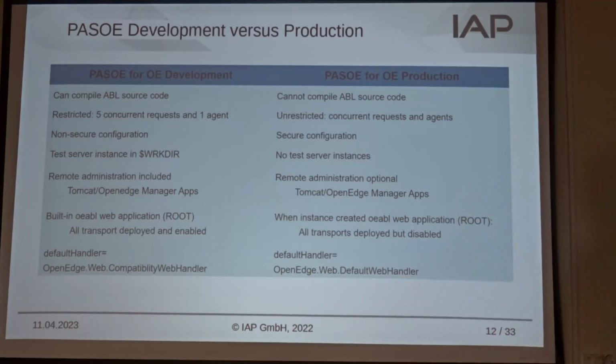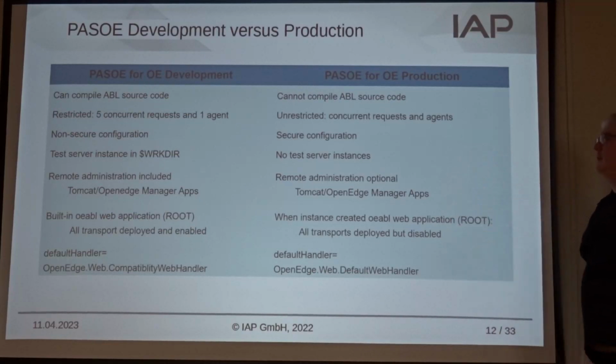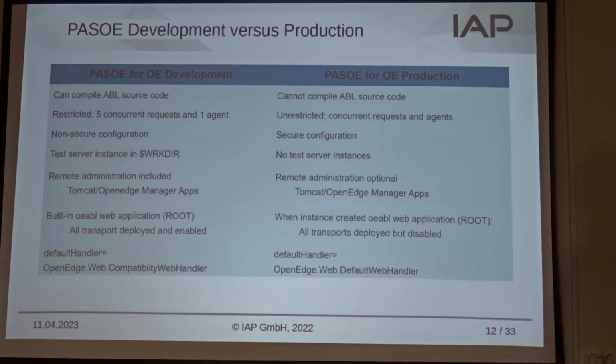By default, everything is disabled, and then you can open it part by part, what is needed. But it's more important for later, if you switch to the PAS app server. First, you should start the PAS server in the development mode.